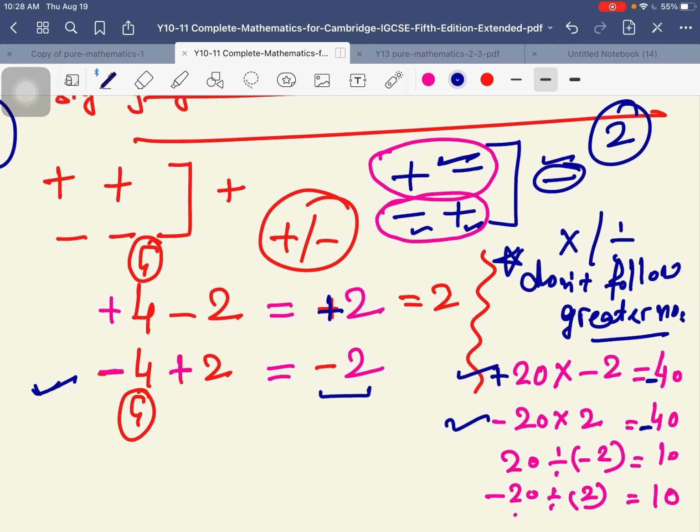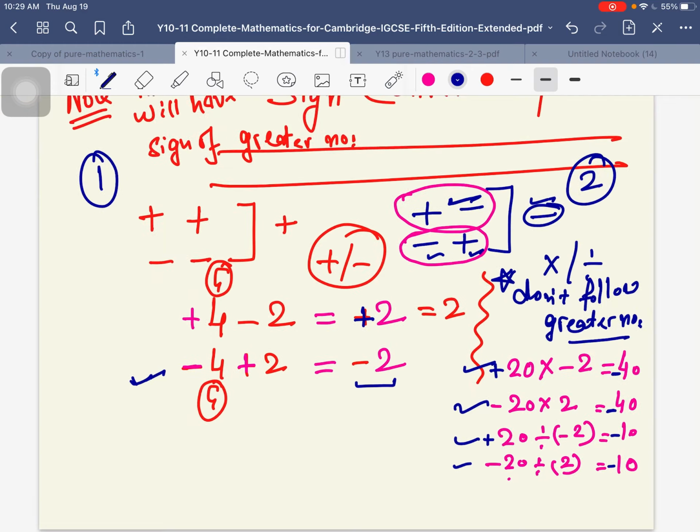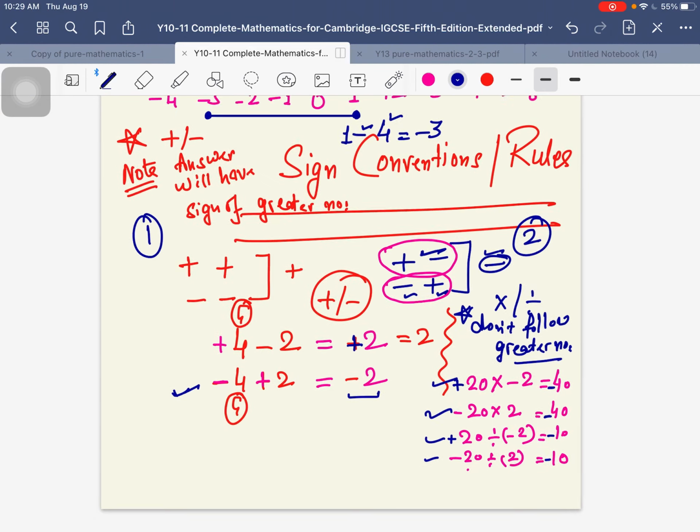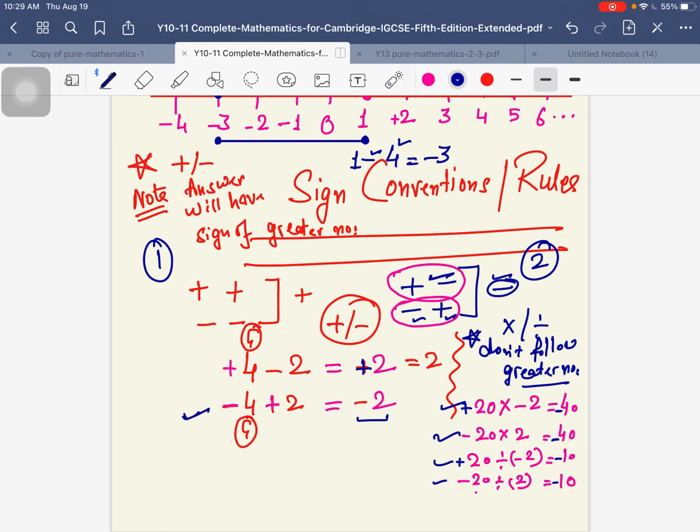Likewise, 20 divided by 2, 20 positive, plus minus is minus, put minus here. Likewise, -20 divided by positive 2, minus plus is minus, put minus here. So in all questions there is a minus sign. So this greater number rule follows only in addition and subtraction, not in division or multiplication.